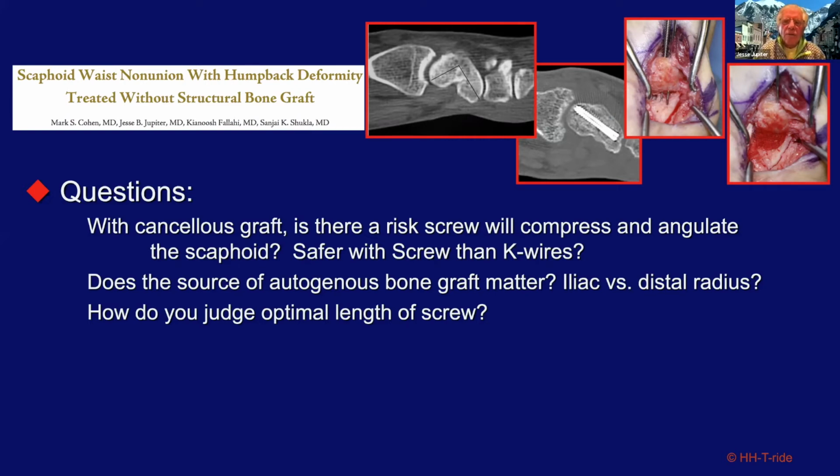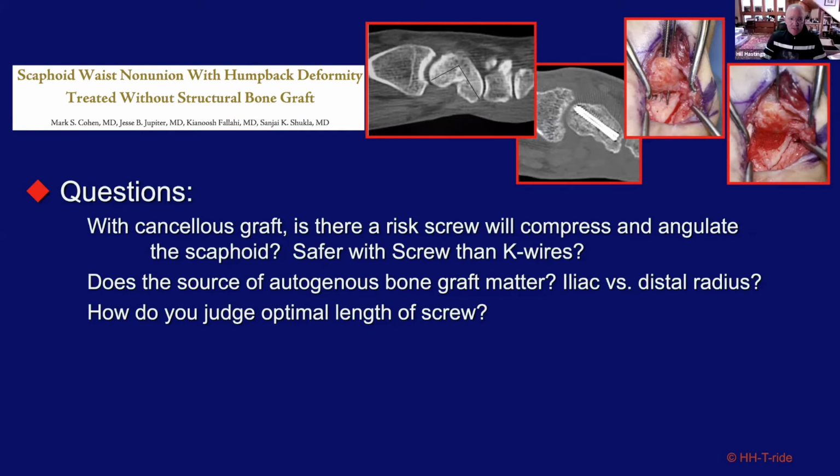To answer the first part, I always try to go 4 millimeters less than what it seems to measure. Secondly, I'm not sure that these screws really compress as much as they were touted to compress. So I don't worry so much about compressing down to lose the realignment when using handheld graft per se.